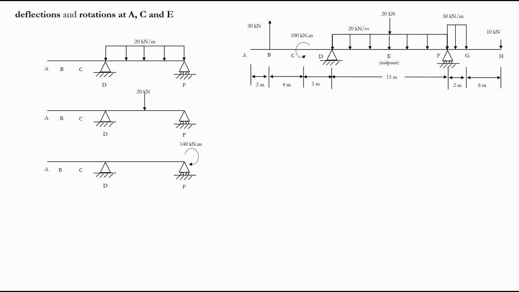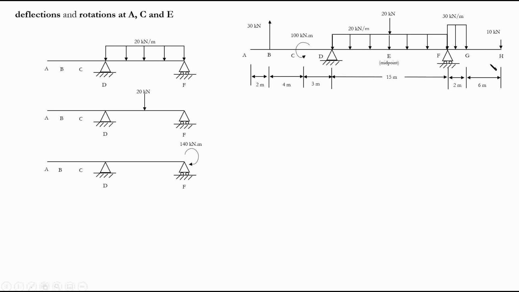Now you might think that there's really nothing at point F. However, if you consider this overhang, because we're finding the loading on only the simply supported part, we can consider this portion as a moment on support F. So we can take the moment of this right overhang about support F. How could we find the value?